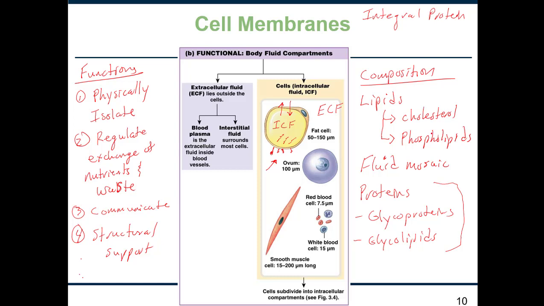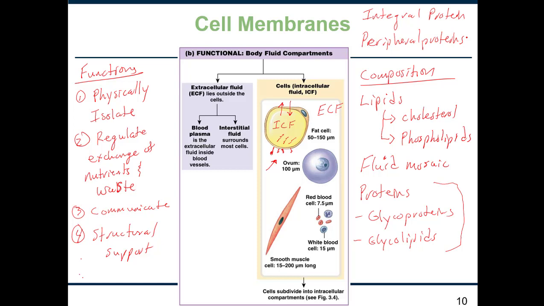It oftentimes will span the phospholipid membrane, but not always. So that's an integral protein. We also have what are called peripheral proteins, and the peripheral proteins are ones that just sit on the edge of the phospholipid membrane.